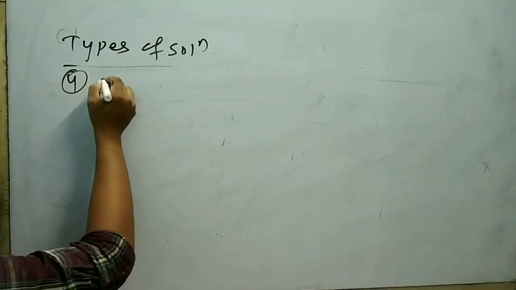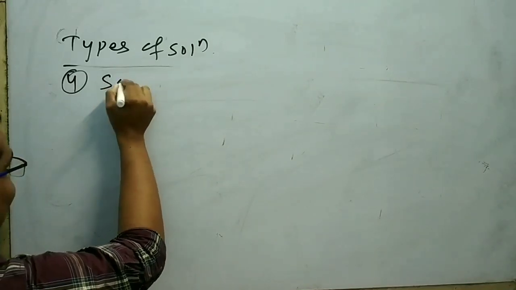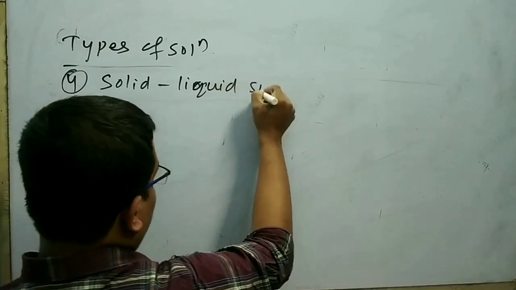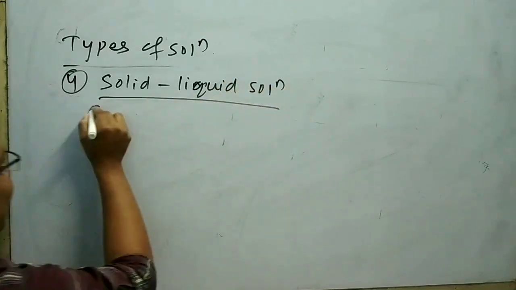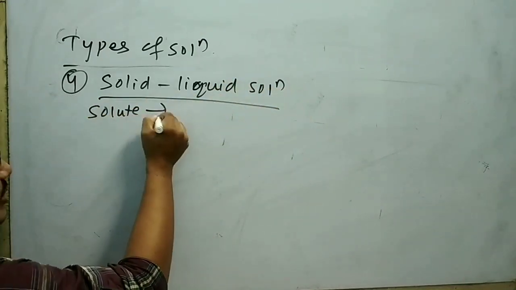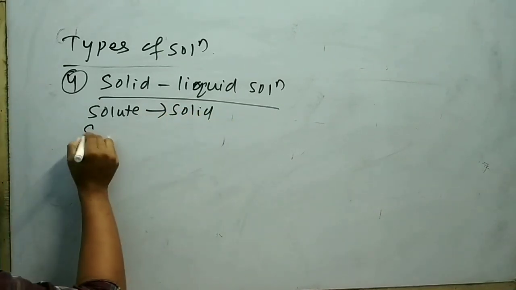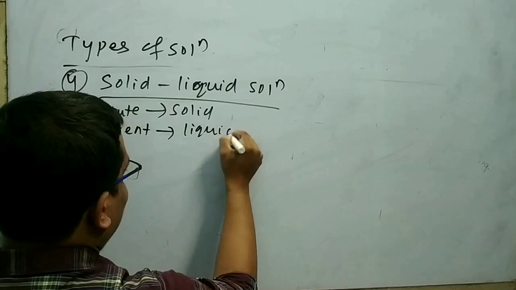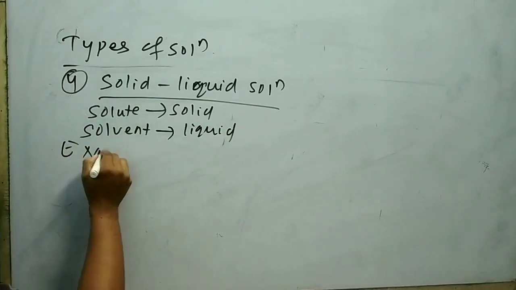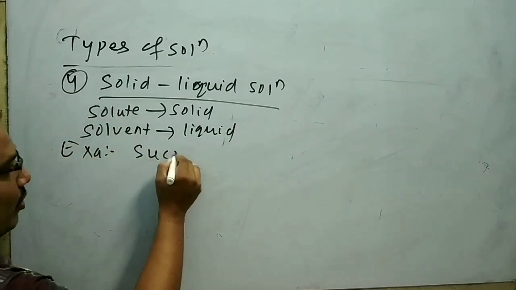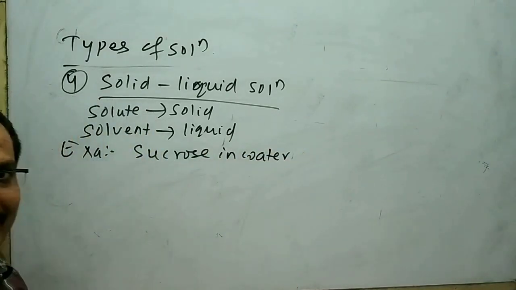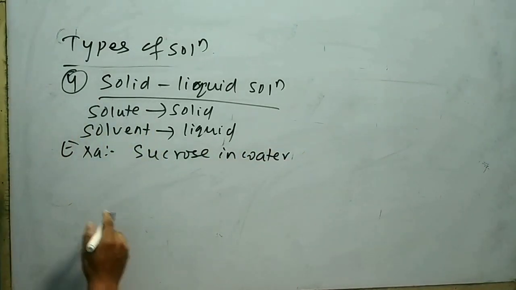Fourth number is your solid liquid solution. In this case, the solute is solid, the solvent is present in liquid state. Example is your sucrose in water, or you can think about NaCl in water.